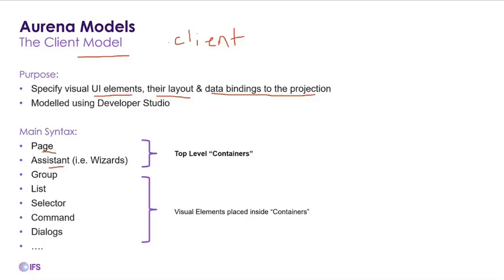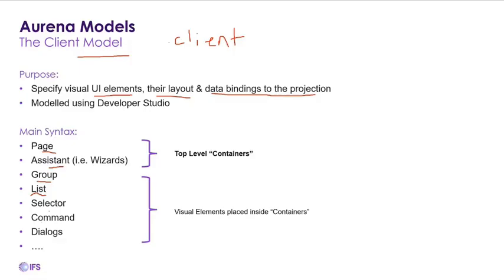And we have groups. Today we will discuss what a group is and how we use it in our content. The list you already know. We created a simple list yesterday, bound it with the page, and used it inside the page.